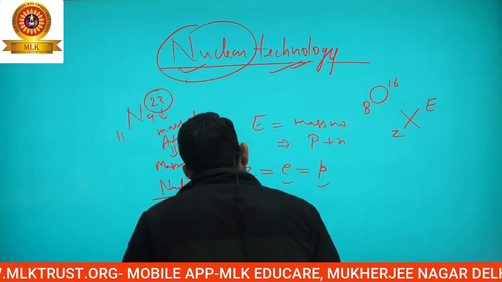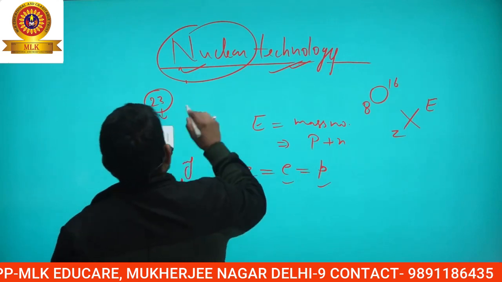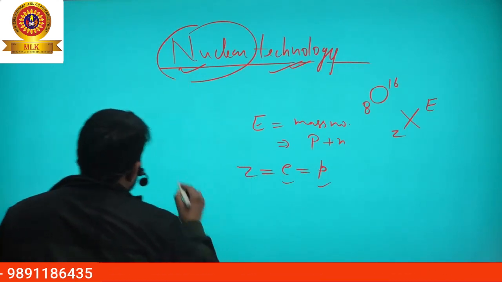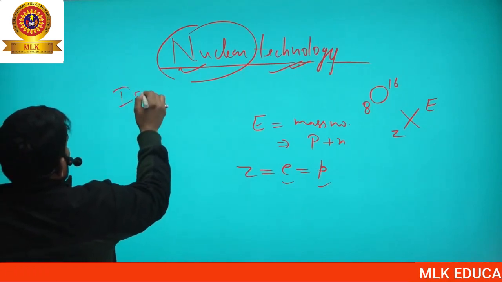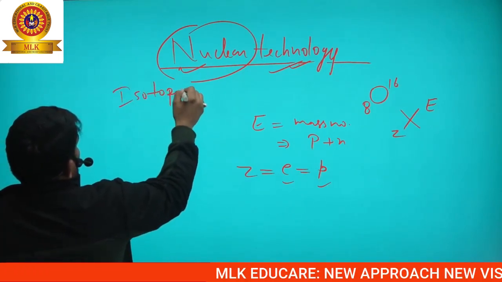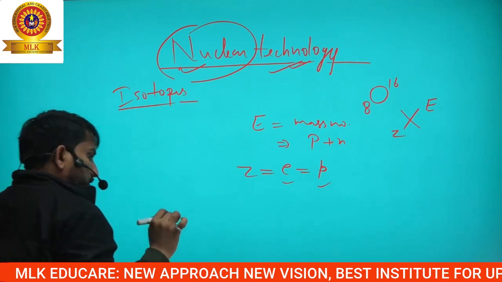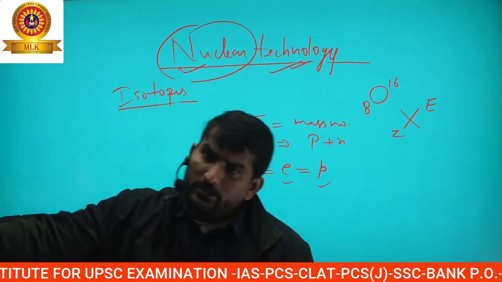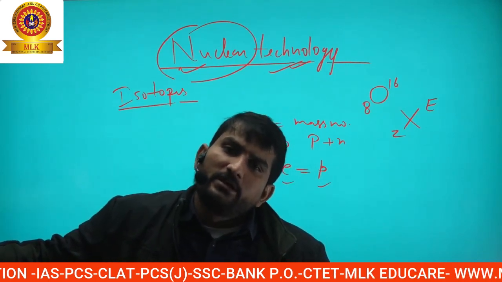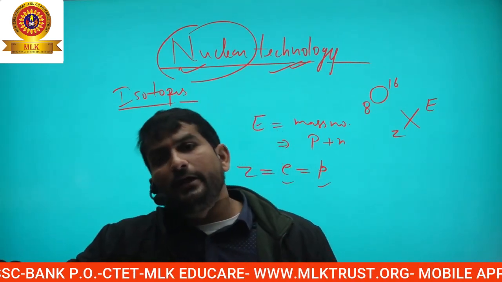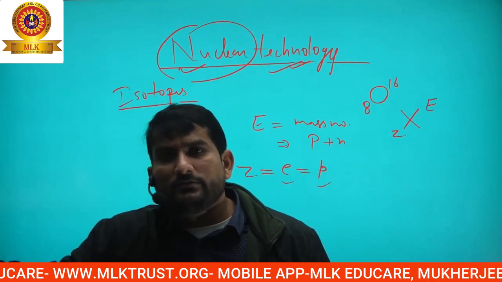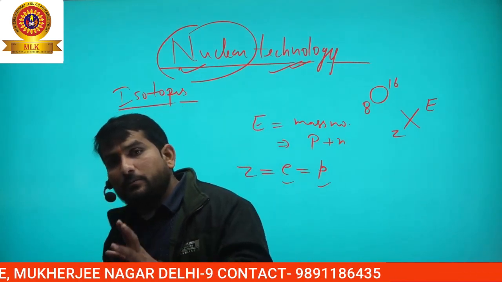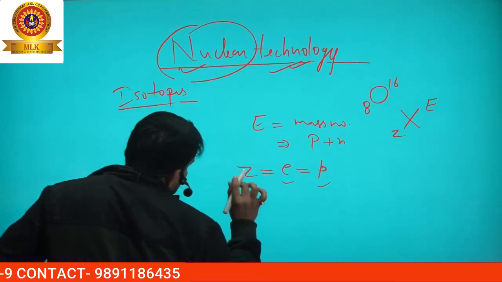Now the next one is isotopes. What are isotopes? Isotopes are those atoms which have the same atomic number but different atomic weight, listen carefully, or you can say different mass number.